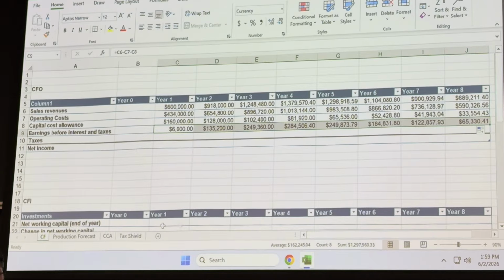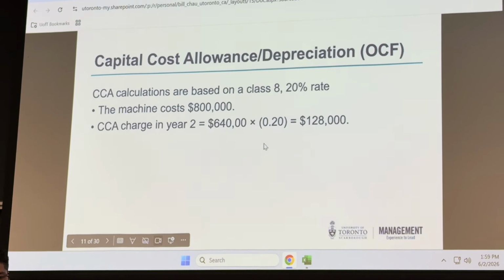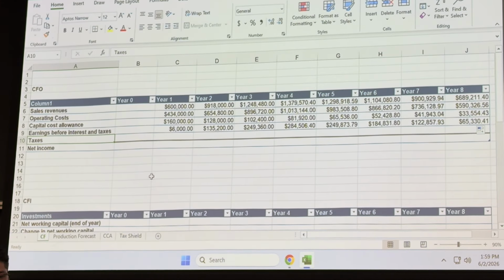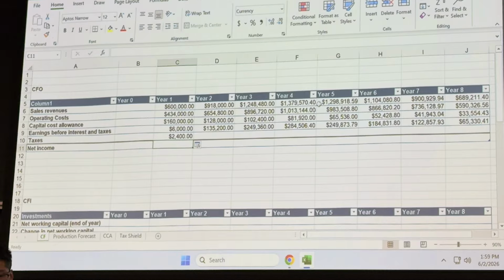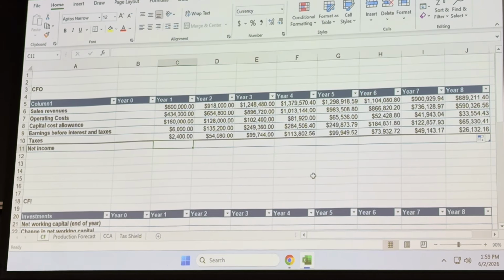Now, with EBIT and tax, we just have to apply the 40% tax here, equal EBIT times 0.4. I'm going to drag this across 8 years. That's the tax amount, and hence, now we're able to calculate net income.